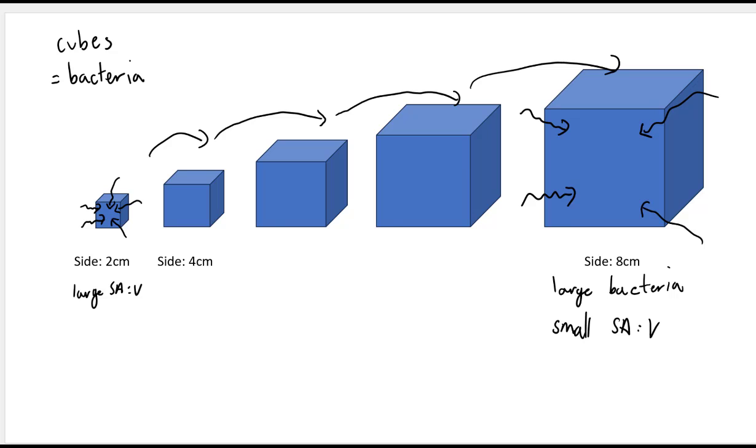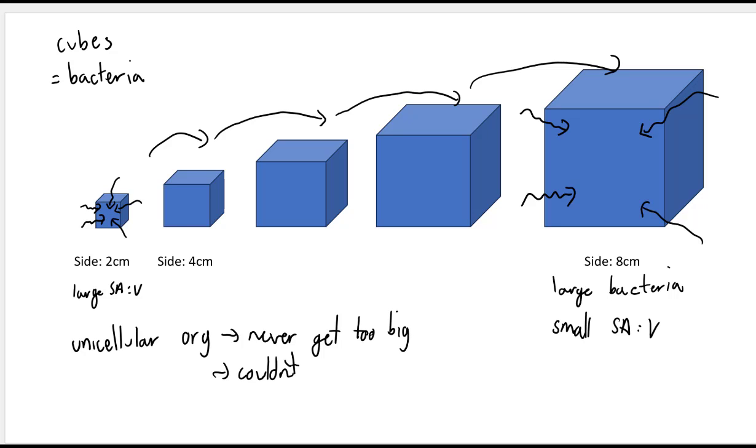So that's why we'll never see a giant bacteria the size of a football or even a tennis ball or even a ping pong ball, because they would just get too big and they couldn't rely on diffusion. So unicellular organisms can never get too big because they couldn't rely on diffusion. If they want to get really big, they have to get a specialized exchange surface, and then they have to get a specialized transport system.